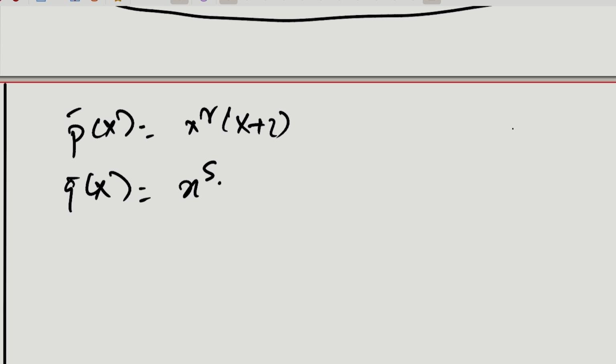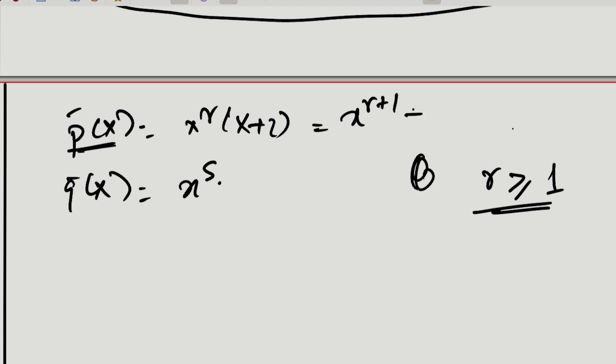Here's a cool trick. If r is greater than or equal to 1, something bad happens. Rather, the point is that as long as p bar x doesn't have a constant term, something bad happens, which is that this is x to the r plus 1 plus 2 times x to the r.